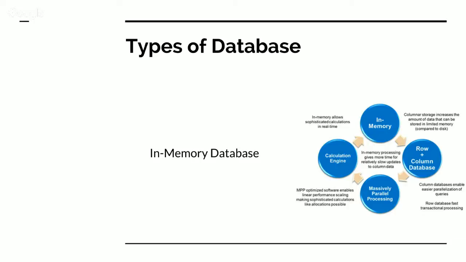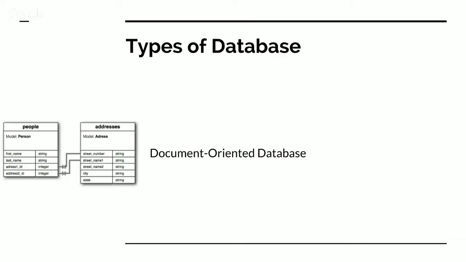It is faster and more reliable than a disk. They find their application in telecommunication network equipment. Document-oriented database. A document-oriented database is a different type of database which is used in applications which are document-oriented. The data is stored in the form of text records instead of being stored in a data table as usually happens.